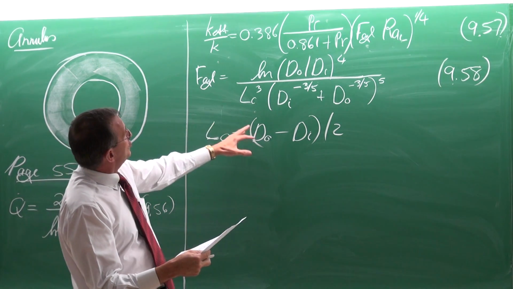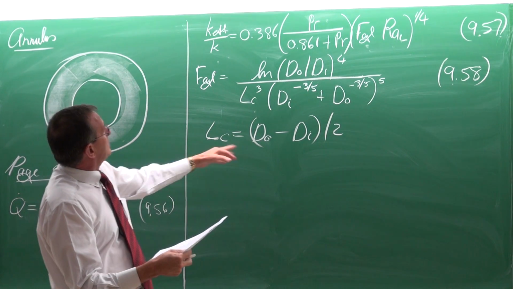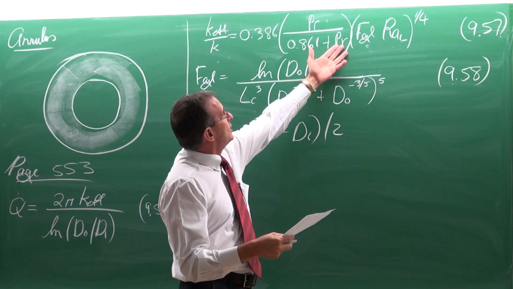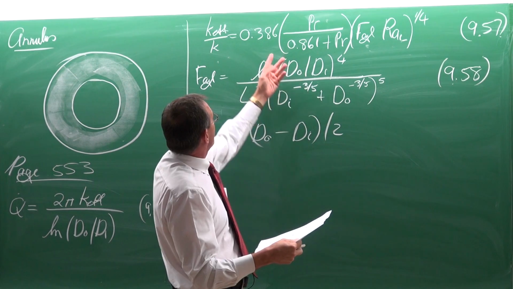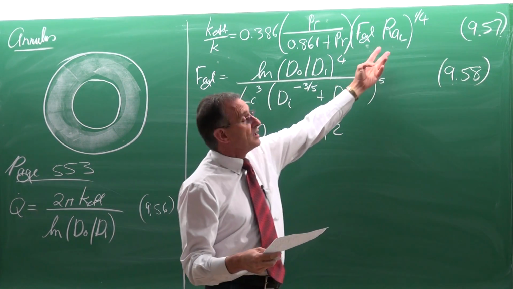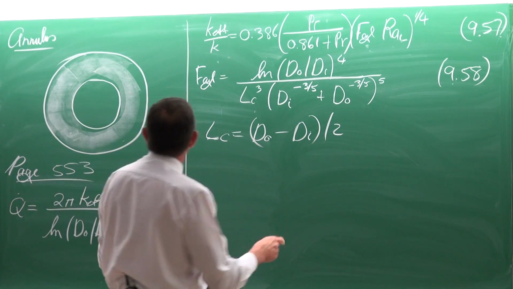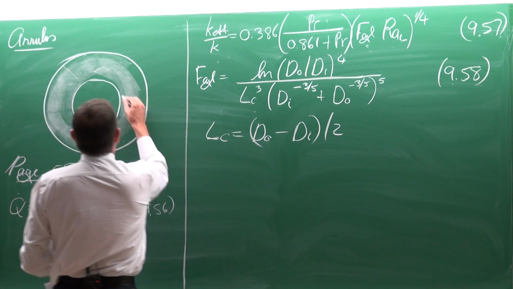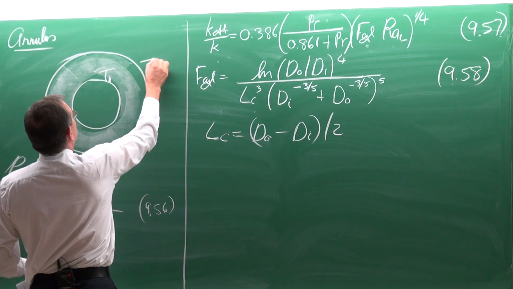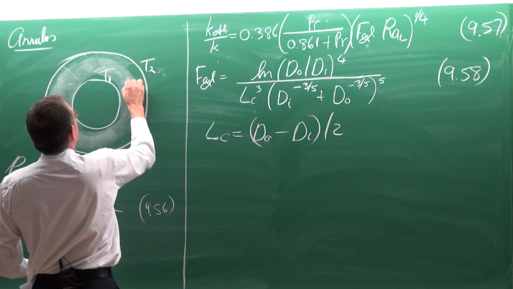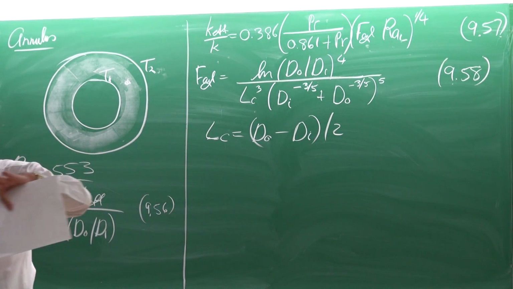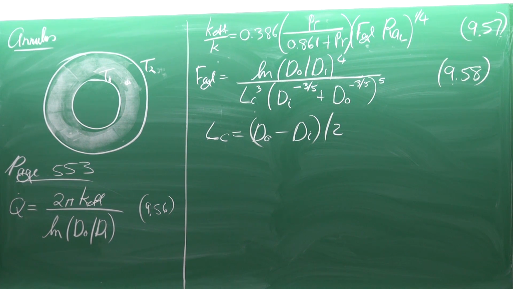And again, if you go and read it, it refers to the fact that if you select the Prandtl number and the Rayleigh number, you have to do it at the average temperature between the two surfaces. So if that is the temperature T1 and that's the temperature T2, your film temperature must be based on the average of the two.